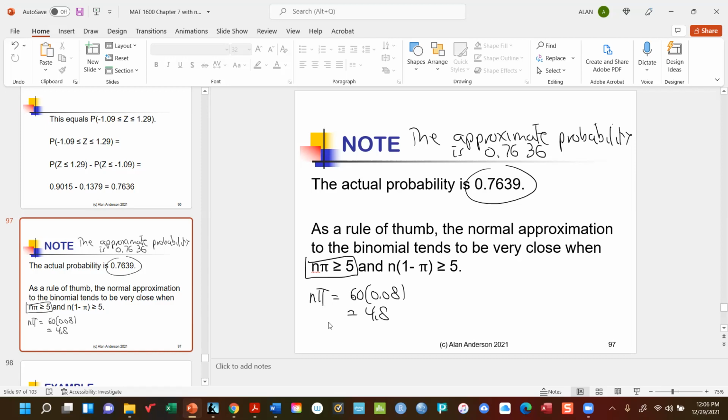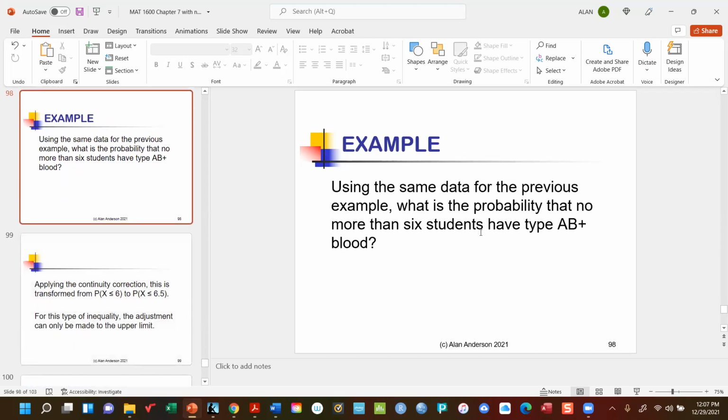It's not quite 5. It was very close though. But here, ooh, boy, that's a big number, 60 times 0.92 is 55.2. So when both of these are greater than 5, just as a rough rule of thumb, we should expect to get very good results. If not, the results will be less impressive. They'll be not quite as close, but we can still use this. So for some applications, this could be a very helpful first approximation to the actual value.